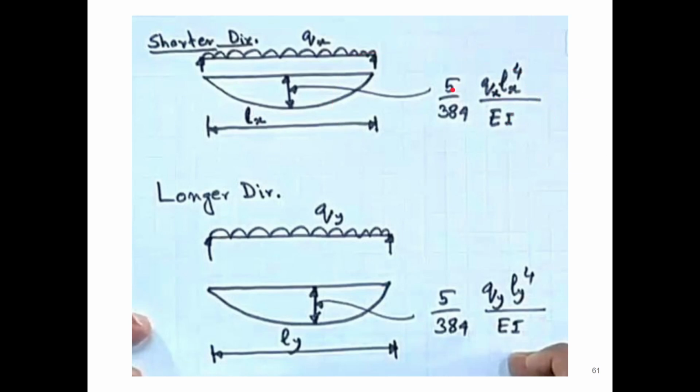So W is Qx, L will be Lx, so the deflection will be 5 by 384 into Qx Lx to the power 4 by EI. And in the longer direction it will be Qy similarly, with length Ly. So the maximum deflection is 5 by 384 into Qy Ly to the power 4 by EI.